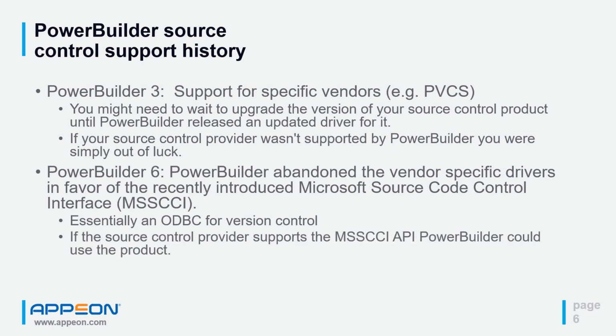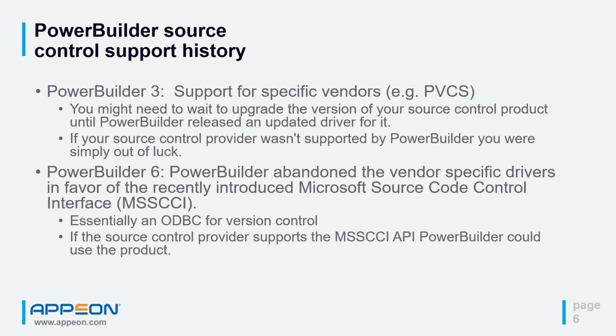In addition, there was some product out there, and I'll throw out Subversion again, that didn't conform to MSS CCI. It was possible for third-party vendors to create basically a bridge product that would integrate with PowerBuilder and accept the MSS CCI calls, and would convert them to the native source code control vendor's API.